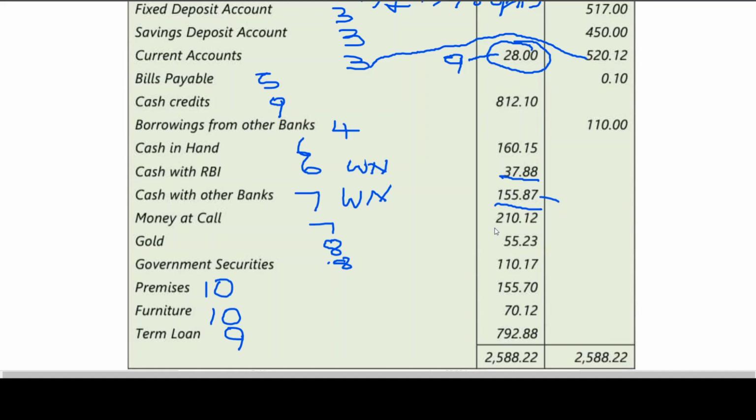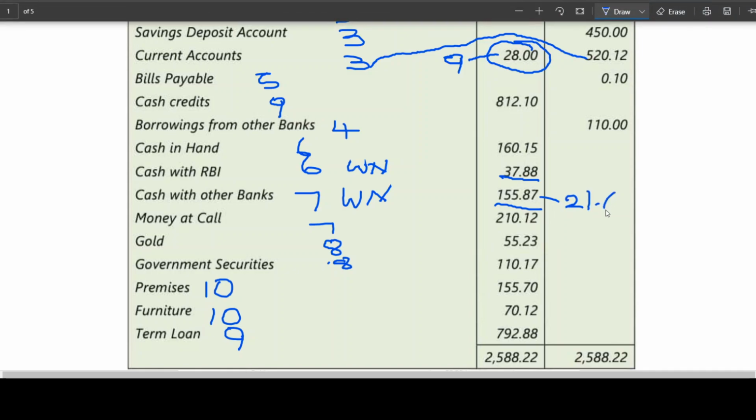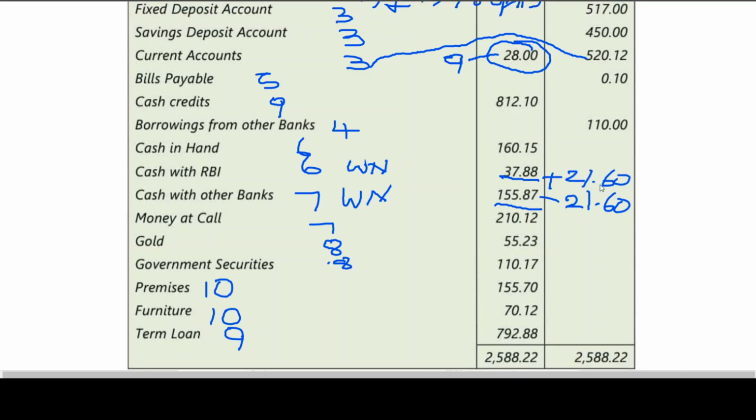Since we are having excess cash liquidity, we can transfer cash with other banks to RBI. So from 155.87, we are getting 21.6 now. This is what has been mentioned. And to RBI, it is to be deducted from cash with other banks and taken to cash with RBI.